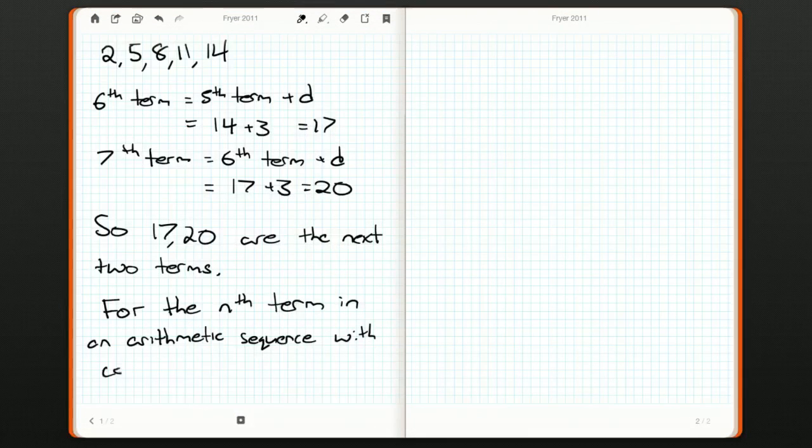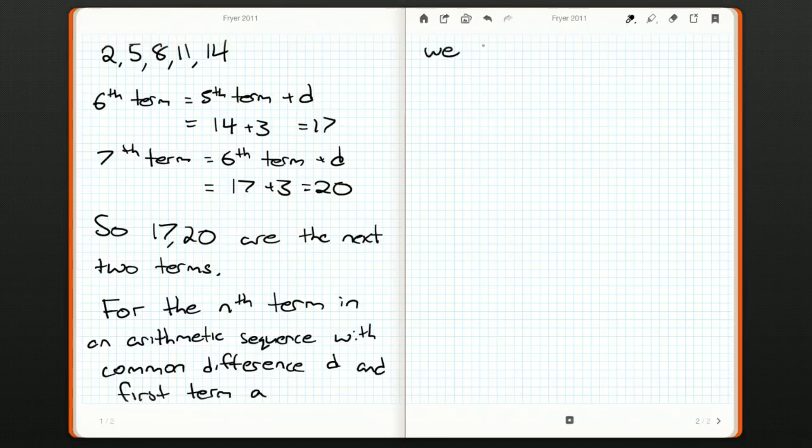So if we have common difference d, and the first term, if we call that a, so the nth term is a plus n minus 1 times d.